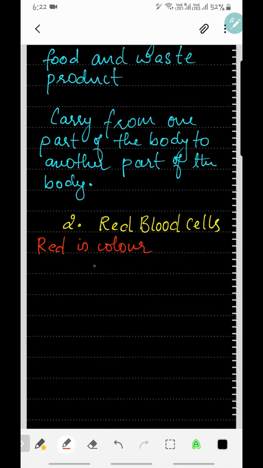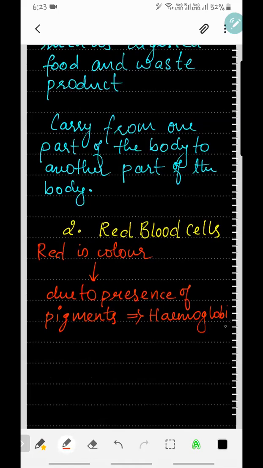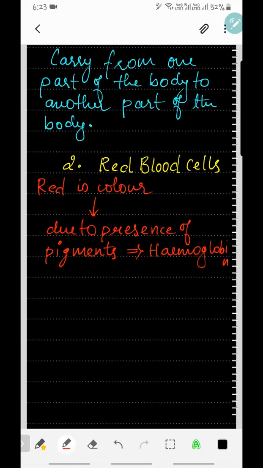This red color is due to presence of pigment. And what is that pigment? Hemoglobin.